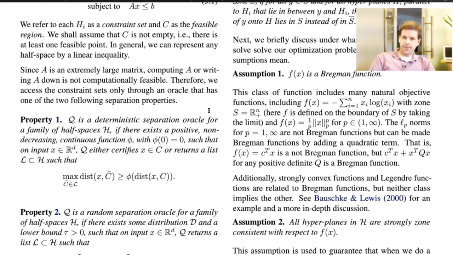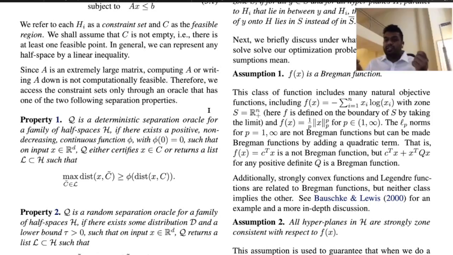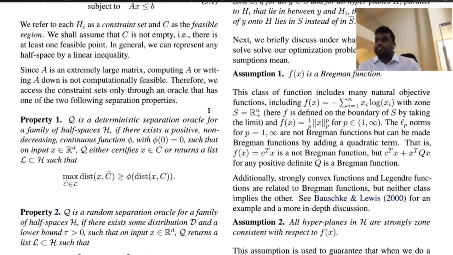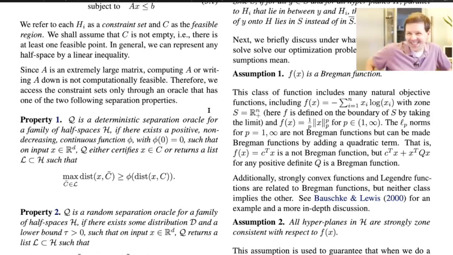Strongly convex means your Hessian is always positive definite. So for a one-dimensional function, are these two equivalent, or are there one-dimensional functions that differ? I'm not sure. I know in higher dimensions they're not equivalent.